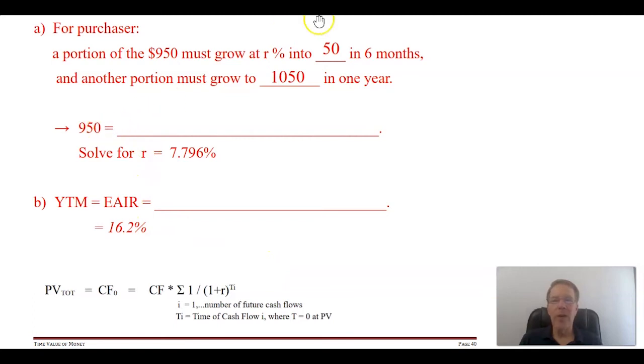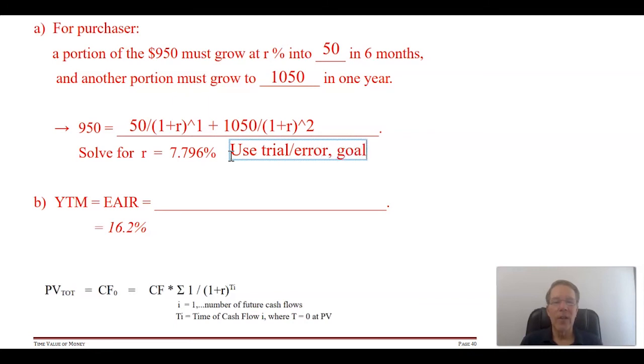So we have our 950 is equal to 50 divided by 1 plus r to the 1, plus 1050 divided by 1 plus r to the 2. Okay, and if you work that out, you get 7.796%.